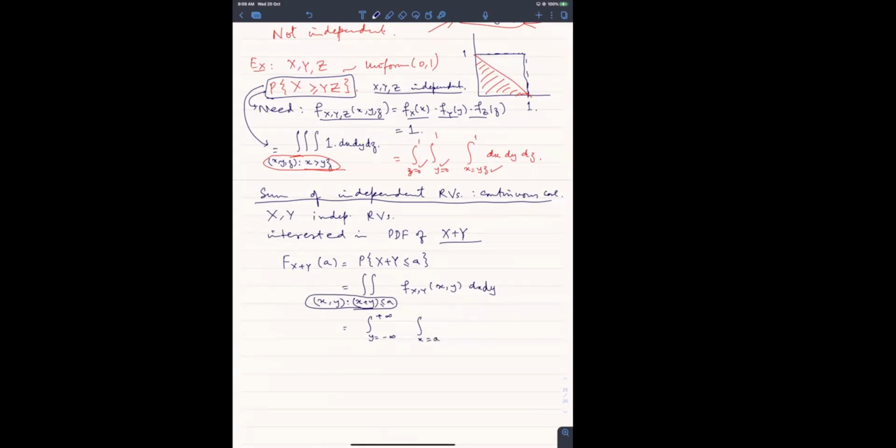So x has to go from minus infinity to a minus y. A minus y से बड़ा नहीं हो सकता ये x जो है. Why? Because this region is telling us. And then you have fx(x), fy(y), dx dy. And the reason I can write this is because of independence. Independence की वजह से मैं इसको ऐसे लिख सकता हूँ.